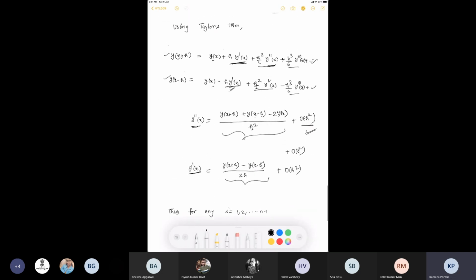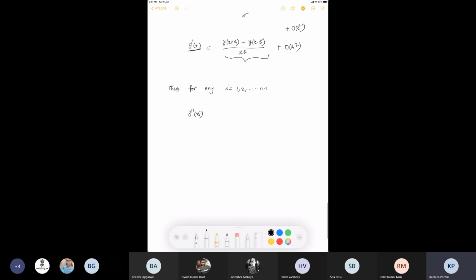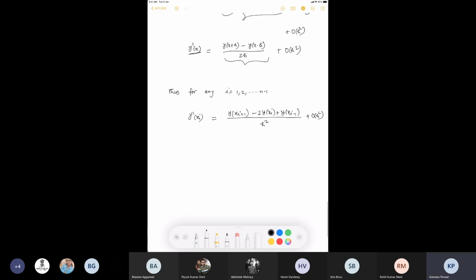And here you can see that xi plus h is also there. So basically this is going to be y at xi plus 1 minus 2y at xi plus y at xi minus 1 divided by h square, plus order h square.